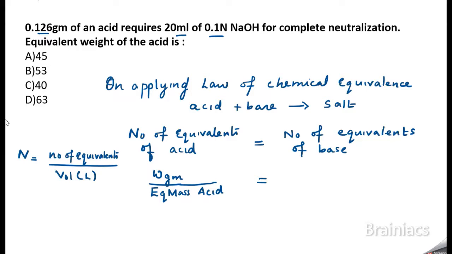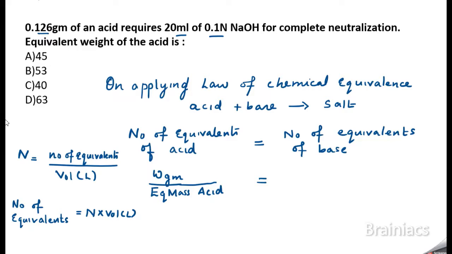We know the definition of normality. Normality states that the number of equivalents present in 1 liter of the solution is called 1 normal. And what is molarity? Number of moles of the solute present in 1 liter of the solution. So now tell me what is the number of equivalents from this formula. I can say number of equivalents is equal to normality into volume of the solution in liters, correct?